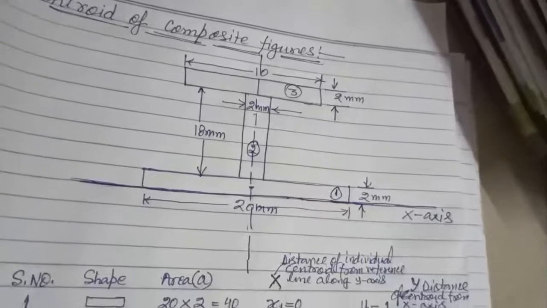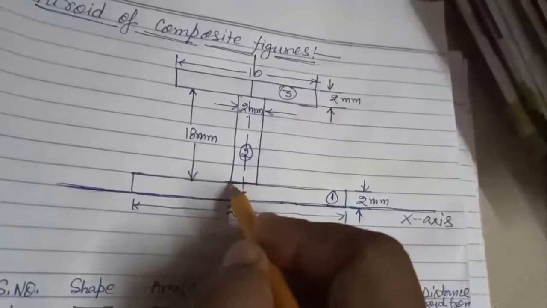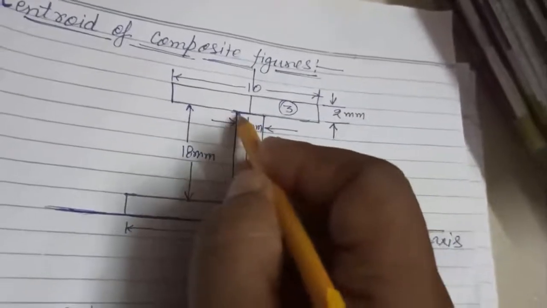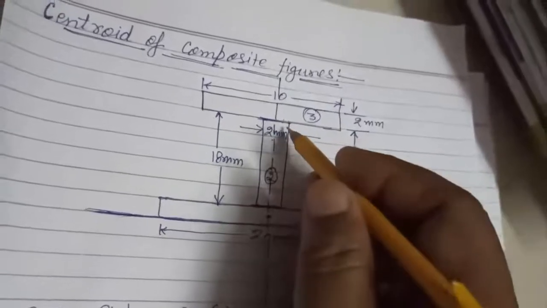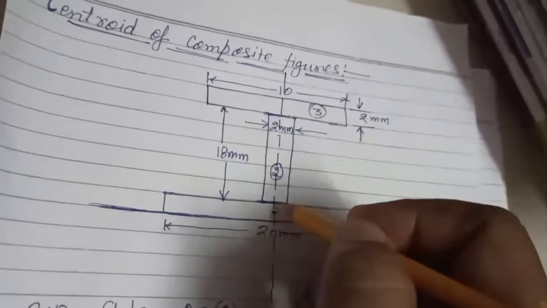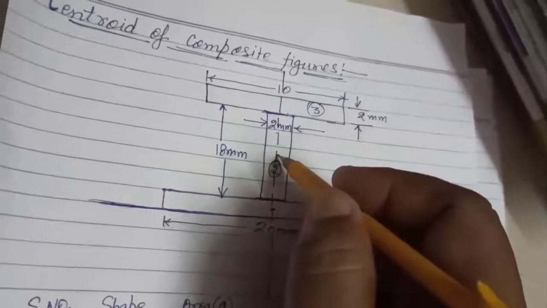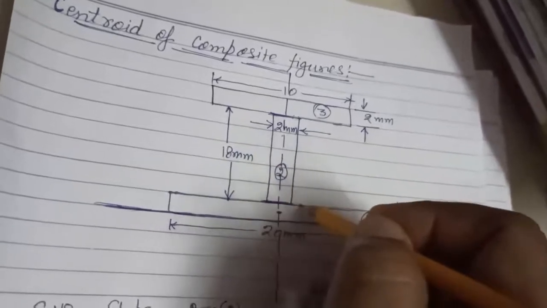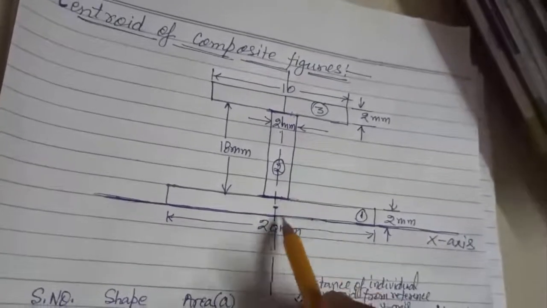Now for the second figure, it starts from this line and goes up to this line. The midpoint, the centroid of this part 2, is at 9 millimeter from this line, but we are taking the distance from the x-axis, the reference line.